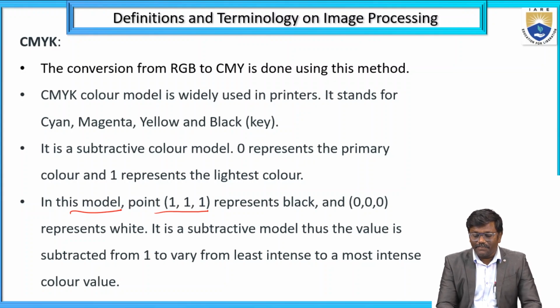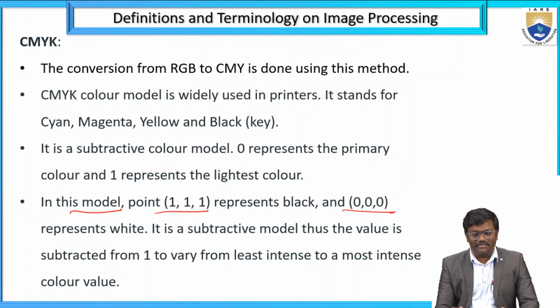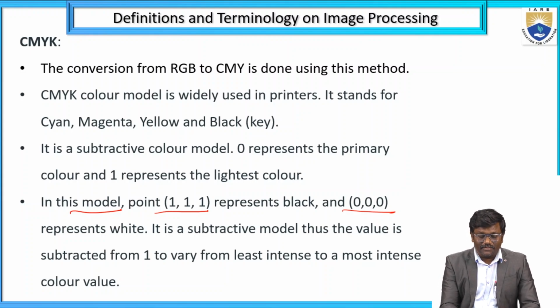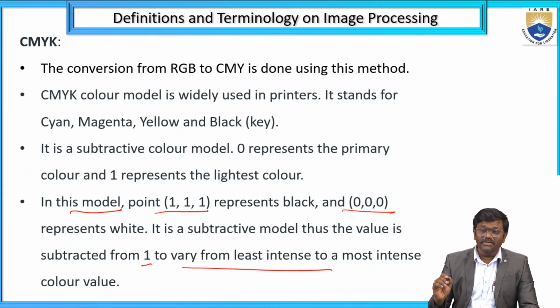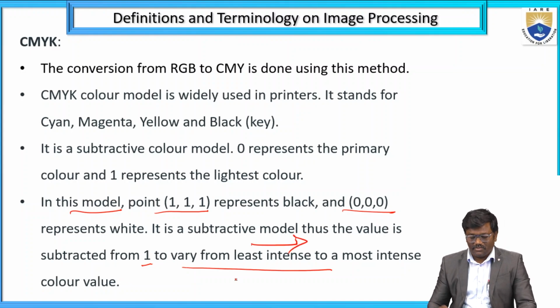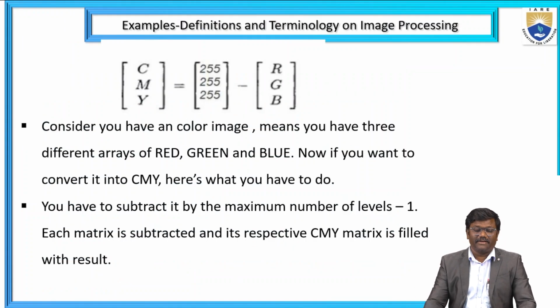So here black will become 0. Black is considered 1, white is represented as 0. So it is a subtractive model, thus the value is subtracted from 1 to vary from the least intensity to the most intensive color value, which we can understand.